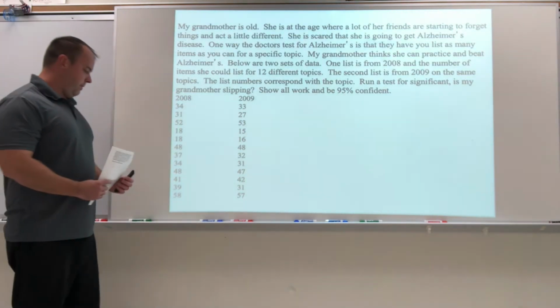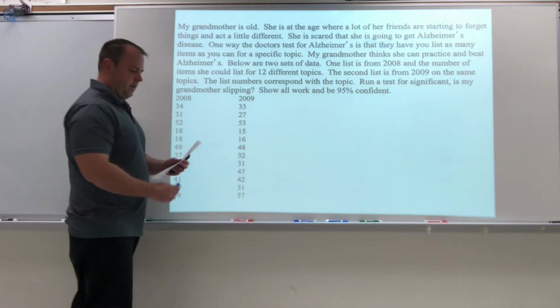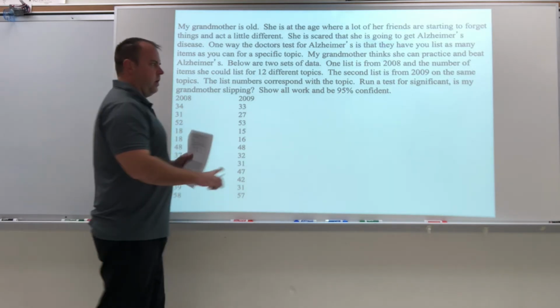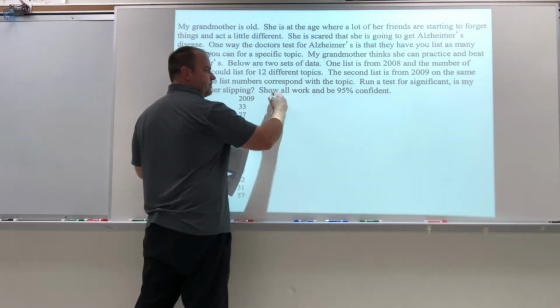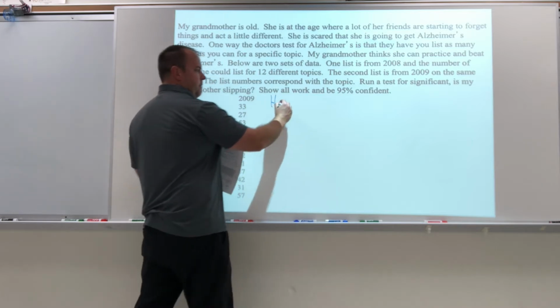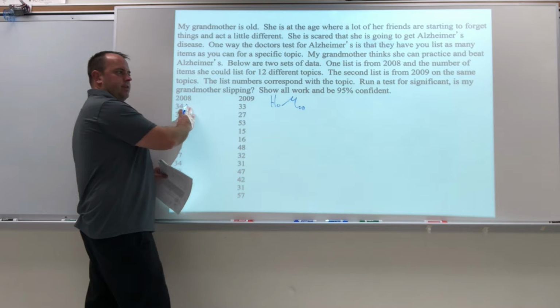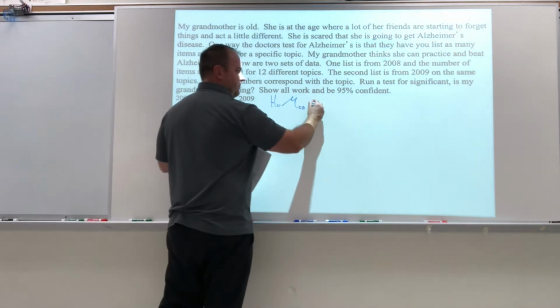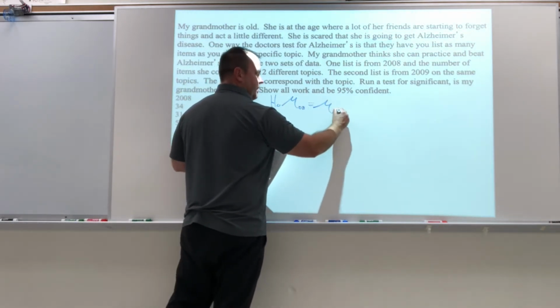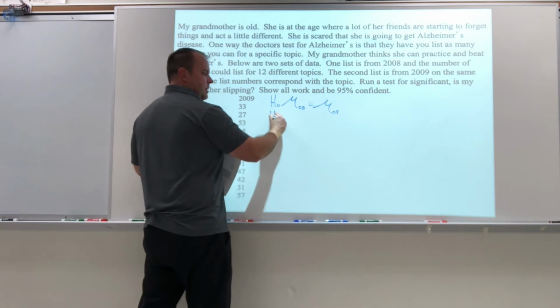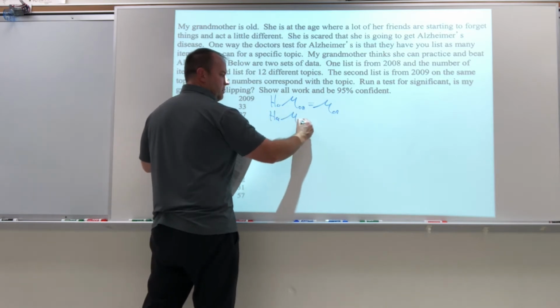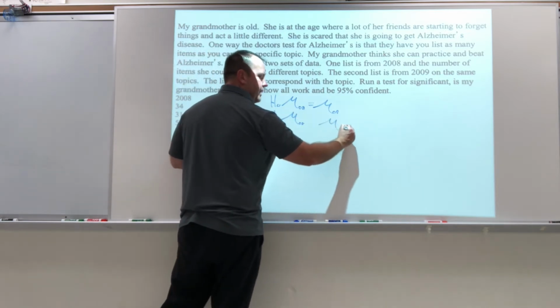Okay, so just like before, we're going to list our null and alternative first. I'm going to have mu 08, that's the average of 08, equaling the average of 09. The alternative then, I'll start off just 08, 09.